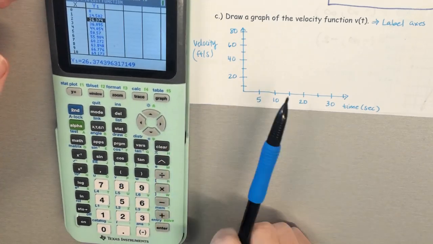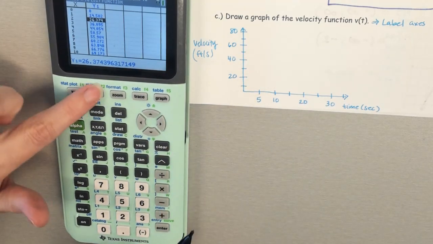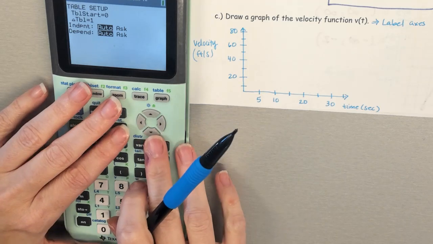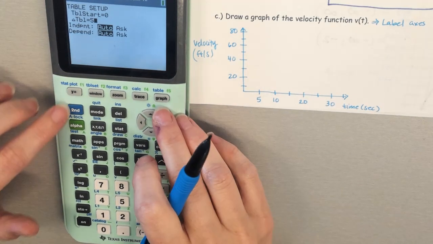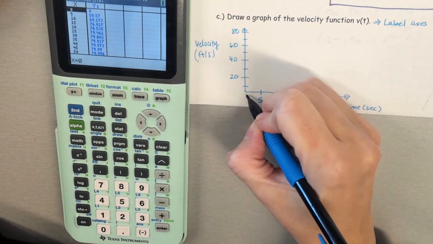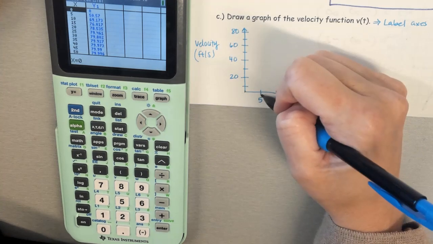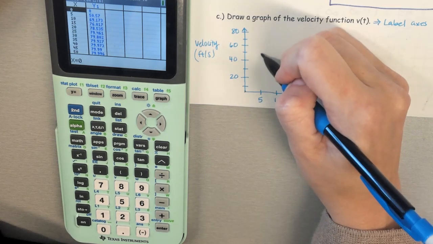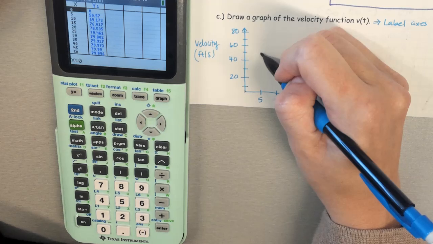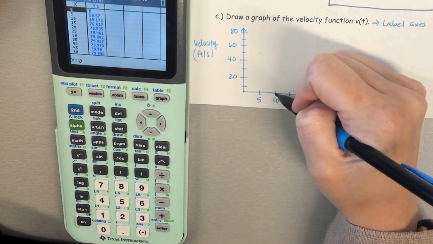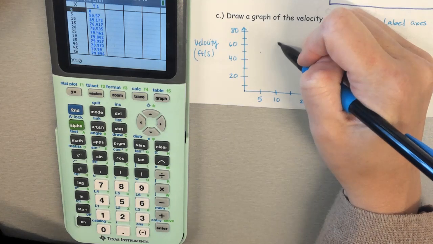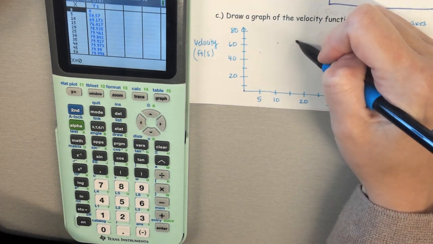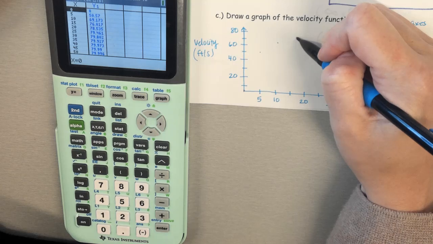So if I'm going by 5s here, then on my table set, I can start at 0 and then make my change in my table to 5s, and then I'm going to be able to have a point for each one. Okay, so at 0, I'm at 0. At 5, I'm about 50. At 10, I'm about 70. 15, I'm at 76.